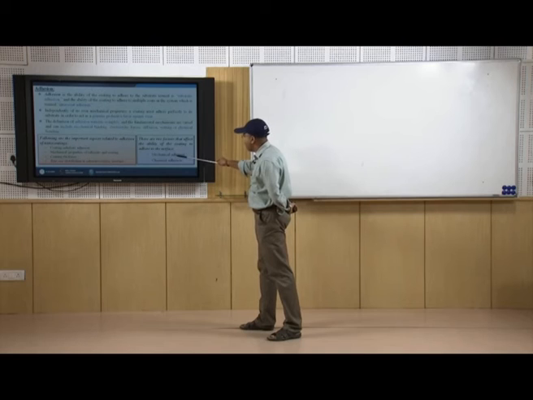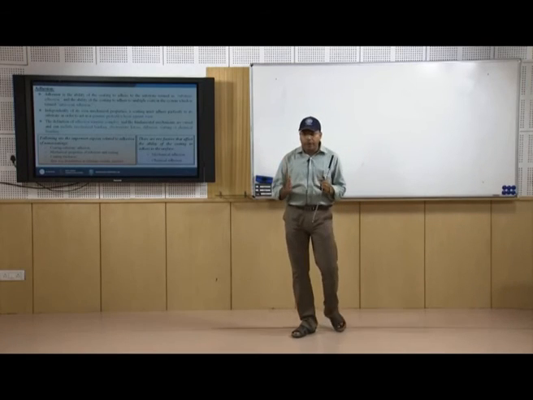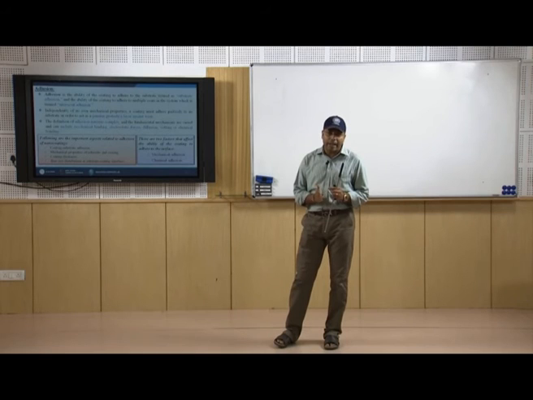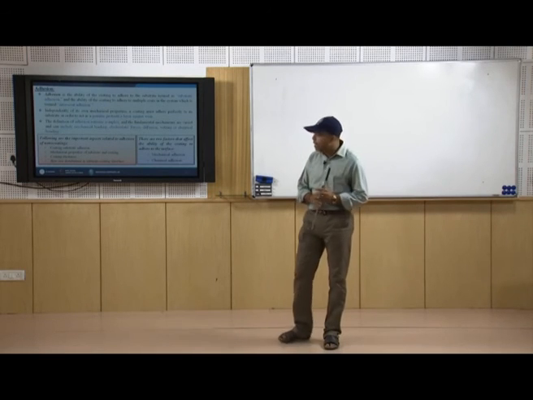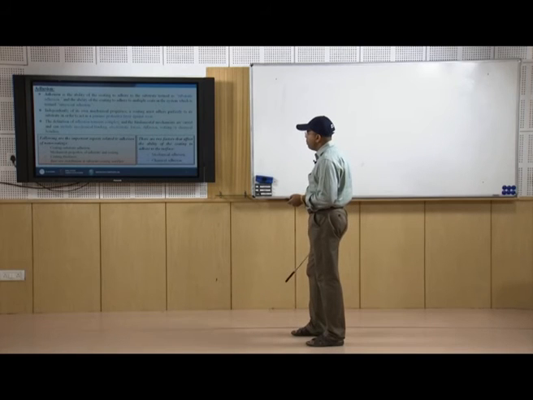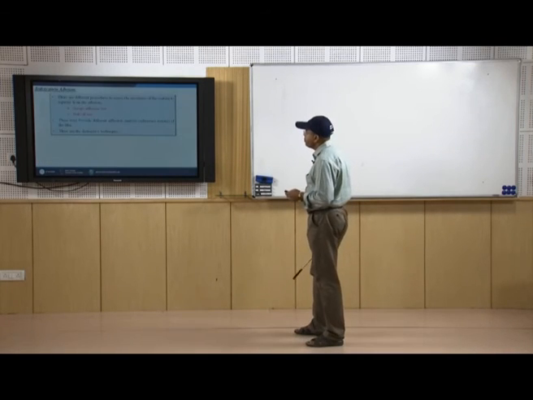One is called the mechanical adhesion, another one is called the chemical adhesion. So, adhesion is divided into two parts, mechanical adhesion and chemical adhesion, and these are the important aspects for why we are doing the testing of adhesion for nanocomposite coating.